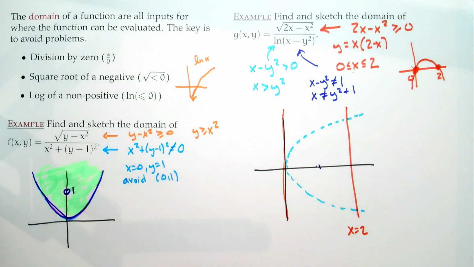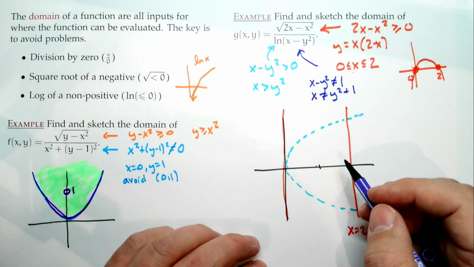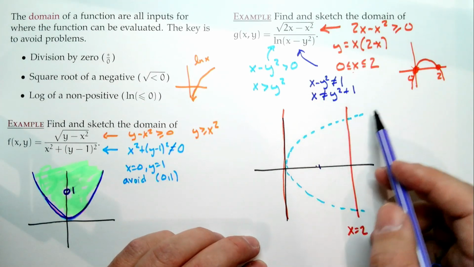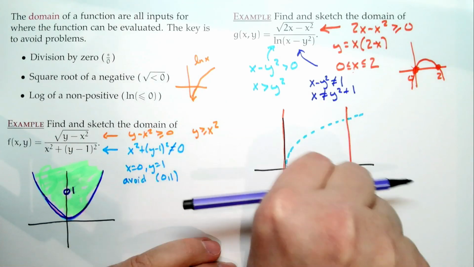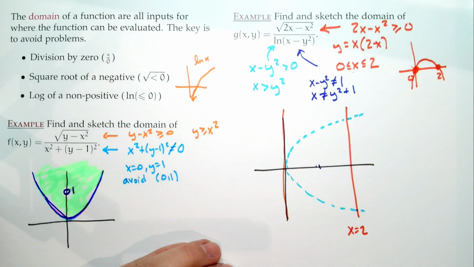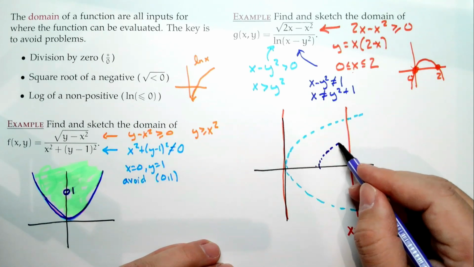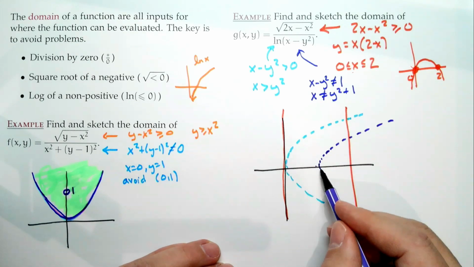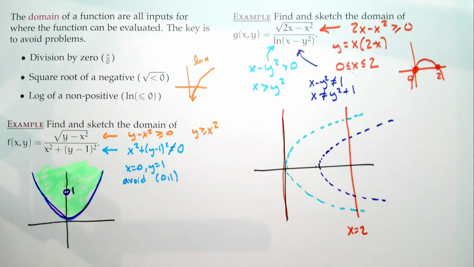So you have to think a little bit about how things translate. That seems uncomfortable, but it's good to do that. All right, so x is not y squared plus 1, so it's the same parabola, just shifted that direction. So we will draw that same parabola, just shifted over, and we're going to draw it dotted.